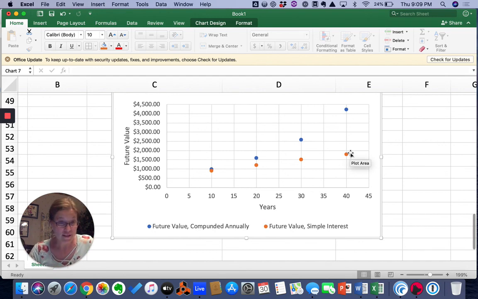The simple interest, which is growing by a constant value, that $30 every year, is linear growth. Whereas the exponential growth that we see with these blue dots is what we have with compounded interest.